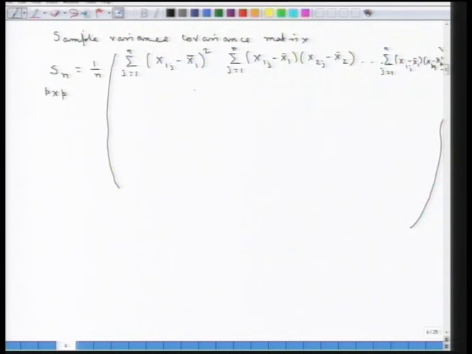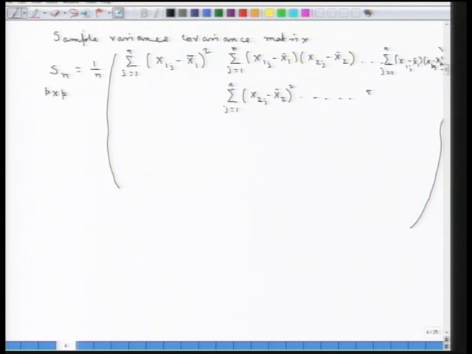This is going to be a symmetric matrix, so we only need to write the upper triangle of this particular matrix. The 2,2 element would be the one corresponding to the second variable. This is x2j minus x2 bar whole square.